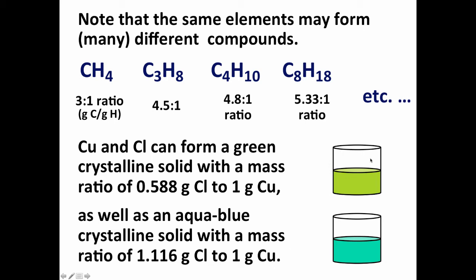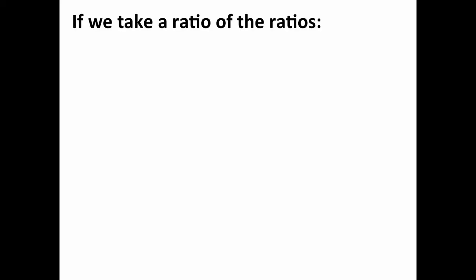So each of these compounds are obviously different compounds. They look different, and they have different mass ratios. Each of these compounds are compounds of copper and chlorine, but let's see if we can get anything else out of this data. It turns out that if we take a ratio of the ratios, and what I mean by this is, here is one of the compounds and there's the other.